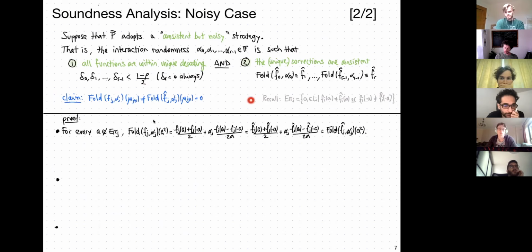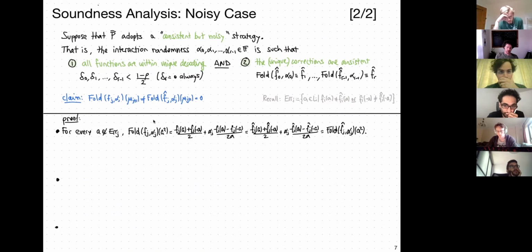And remember, we still have the definition of the error set here. It means that this is a point where both in the minus and the plus cases, the function agrees with the self-correction. In this case, it would be equal to 0 because the self-correction is the 0 polynomial.